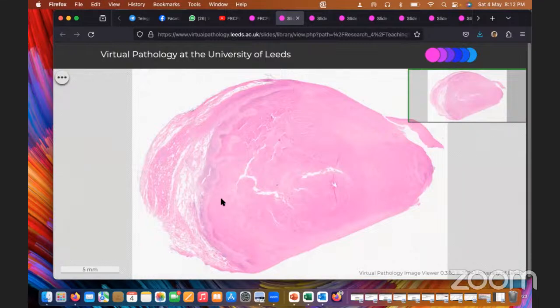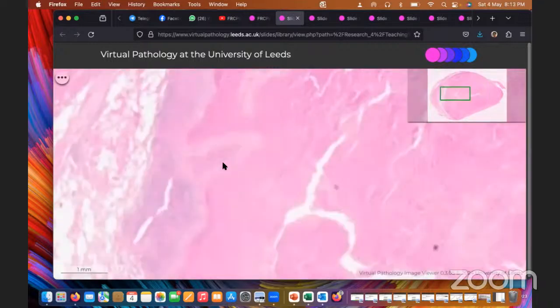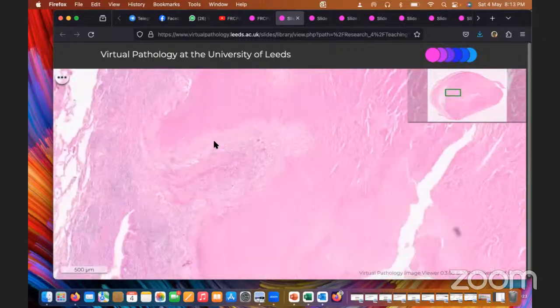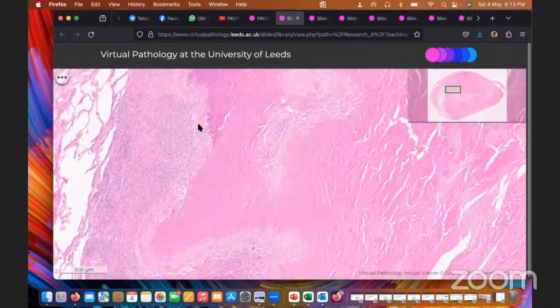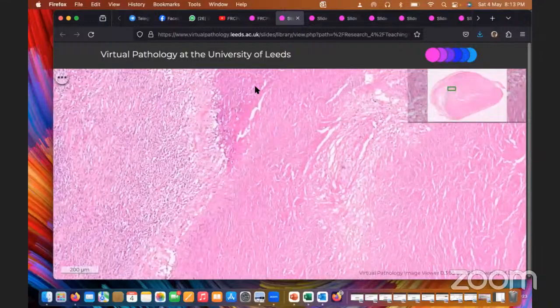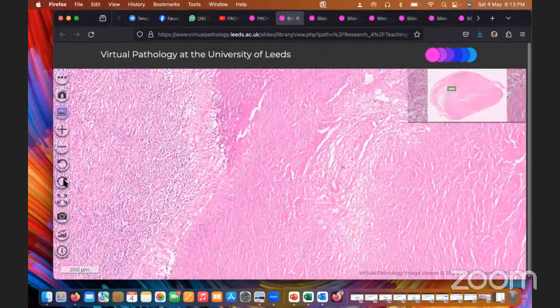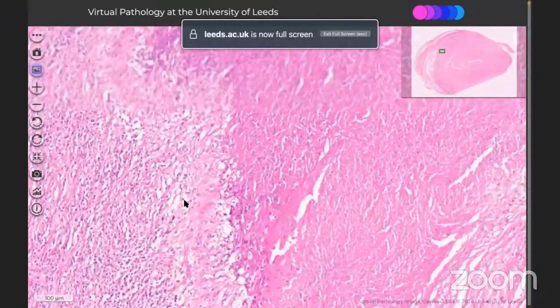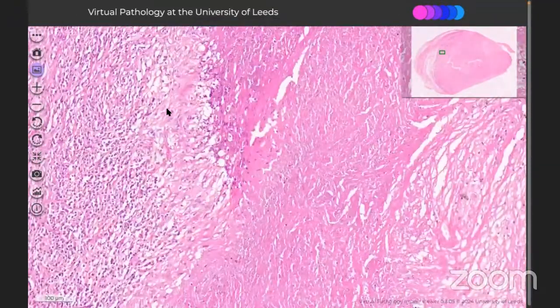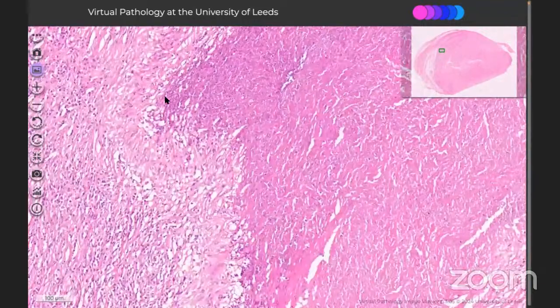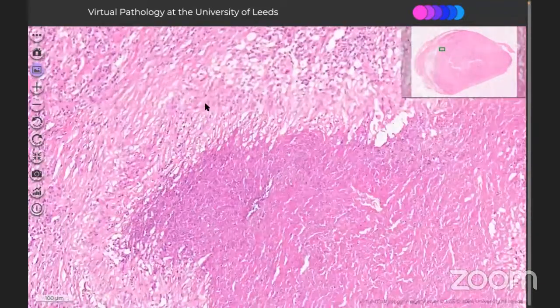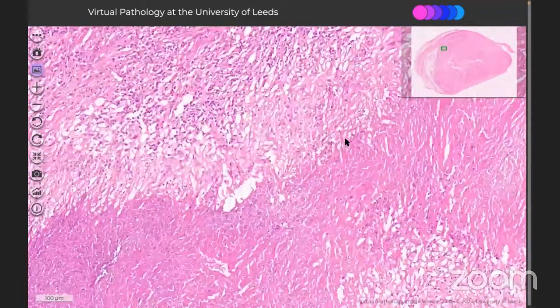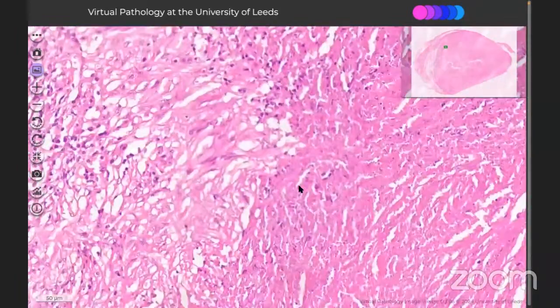This kind of eosinophilic necrosis. If we go towards the periphery of that area, we see that this necrotic area is palisaded by these histiocytes.